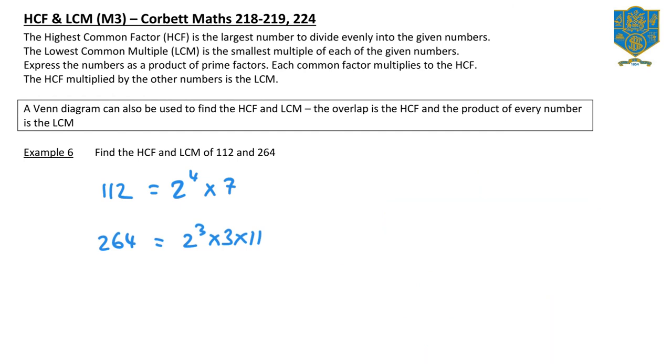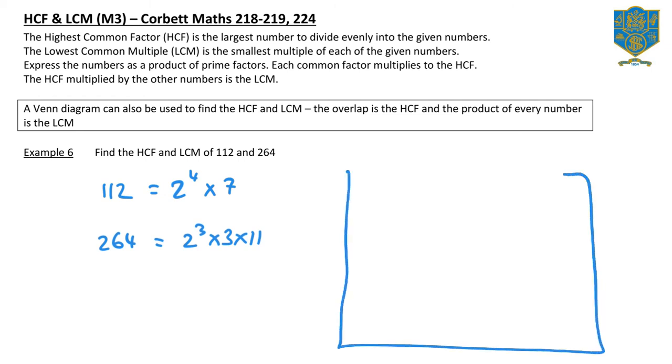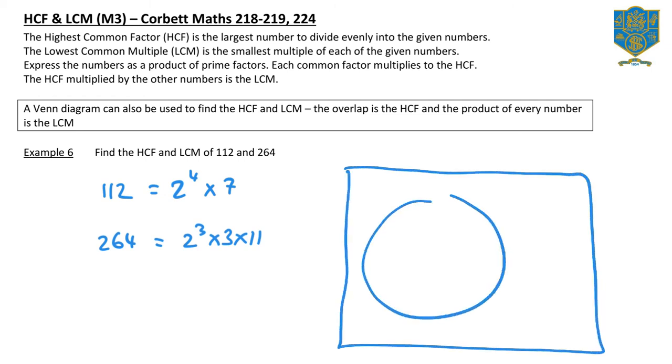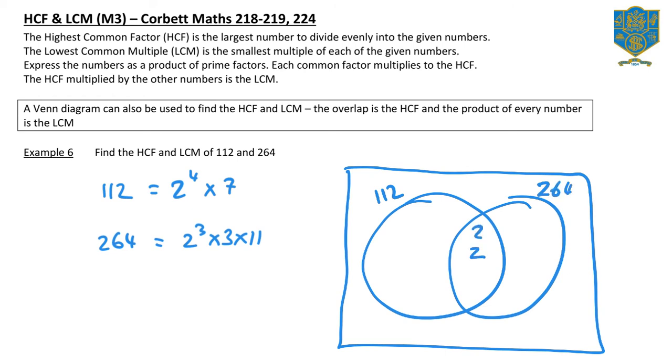Or I said we could use this with a Venn diagram, so I'm going to do that. So if we look at the factors of 112 and 264, we can see that there were three 2's common, and then there's a 2 and a 7 within the 112.